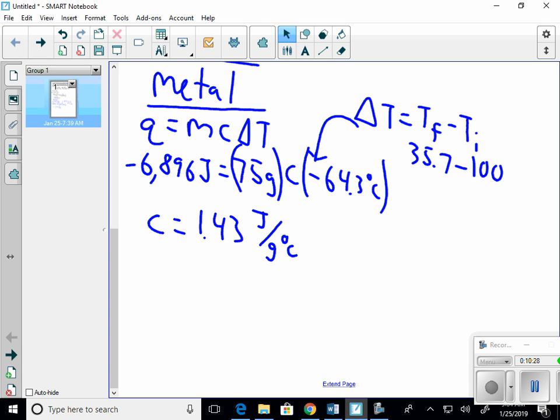So when you do your calculations for the lab, since you're doing this with a metal, hopefully it's a low value. One more thing I want to bring up with the calculation part before we're done with this. Some students don't cancel out the two negatives. A negative divided by a negative makes it positive, and they end up with something that has a negative heat capacity. You can never have something with a negative heat capacity, because what that means is if you heat it up, its temperature actually will decrease.